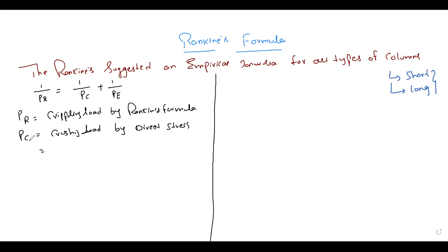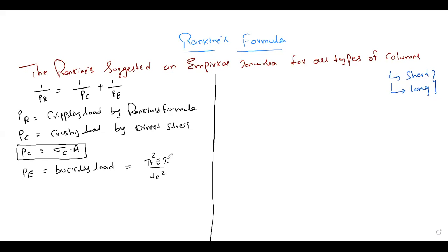Can anyone tell me what is the value of PC? Sigma C into A. Avuna? Why? Because it is direct stress. Next, PE. What is this PE? What type of load it is, Amma? Buckling load. What is the value of buckling load? Pi square EI by L square.